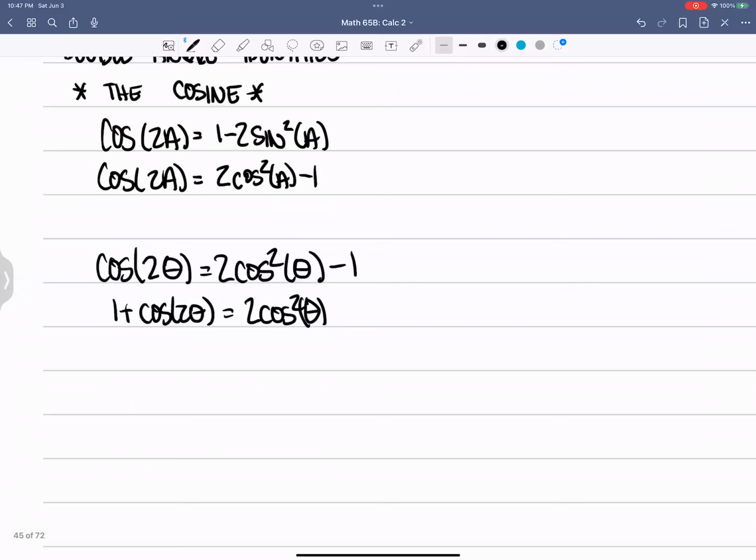To get that cosine squared theta by itself, we divide both sides by 2. So 1 plus cosine of 2 theta over 2. And there we go.